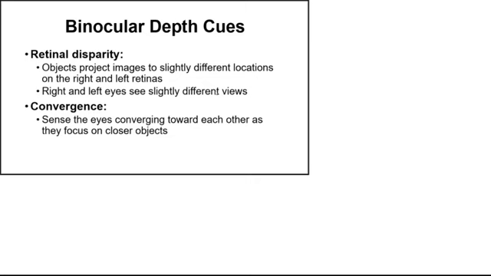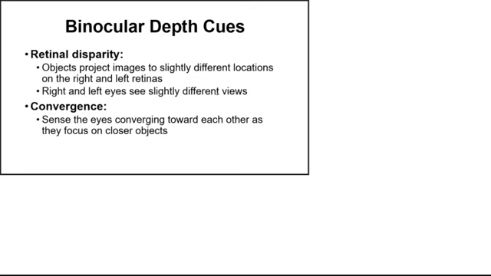And similarly, we can rely on convergence. So as an item gets closer and closer to you, if you've ever done this to try and look cross-eyed, where you try and look at the tip of your nose, that works because your nose is very, very close to you. And so your eyes have to look inward to see your nose.